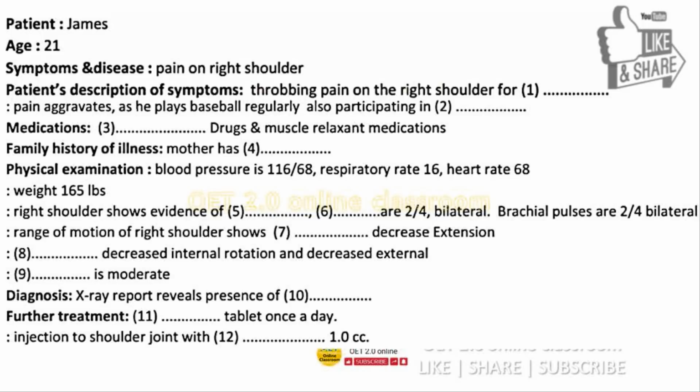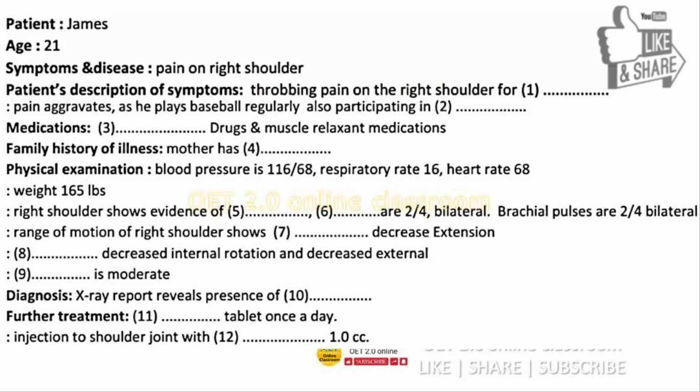No, doctor. Well, your blood pressure is 116/68, respiratory rate 16, heart rate is 68, and weight 165 pounds. Your right shoulder shows evidence of swelling and tenderness. Radial pulses are 2/4. Bilateral. Brachial pulses are 2/4.